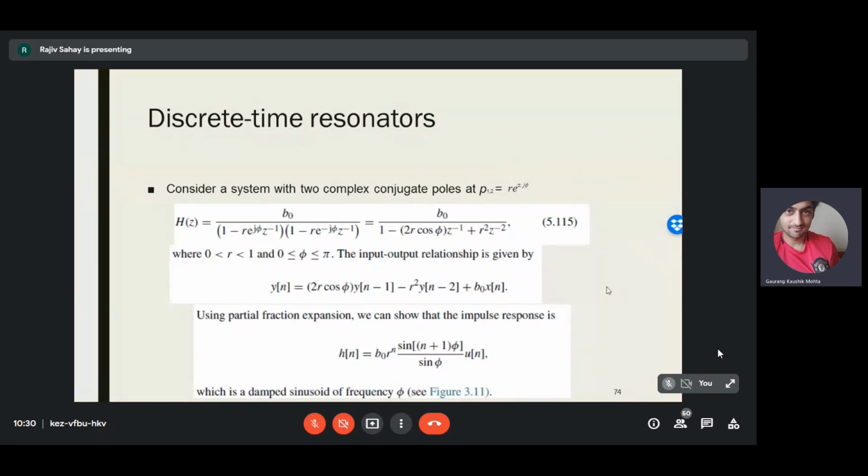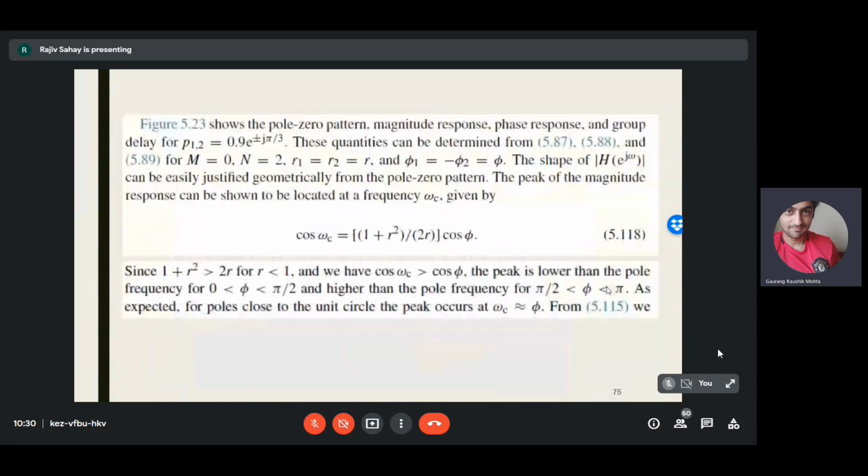You can input the value of r and phi here and put z equal to e to the power j omega, so you will get H of e to the power j omega. From this magnitude response, you can calculate the peak, and that turns out to be this particular frequency. Cos of omega c is equal to (1 plus r squared) by 2r, times cos phi.